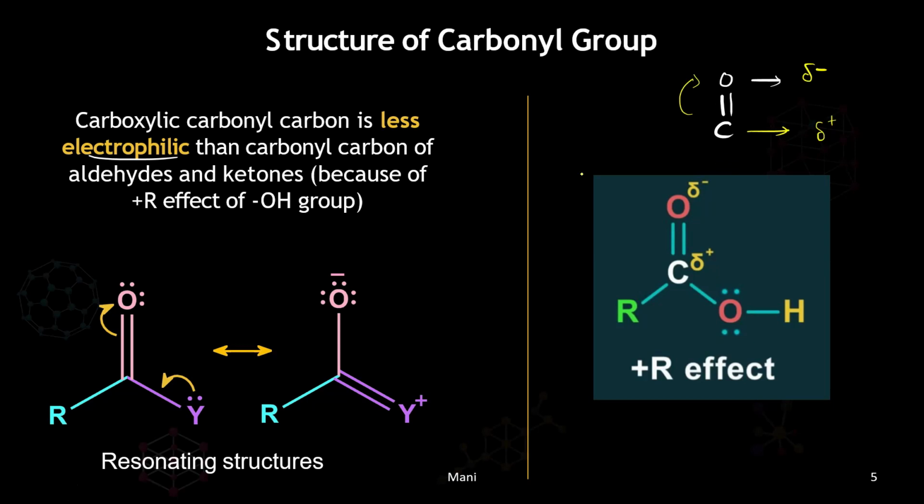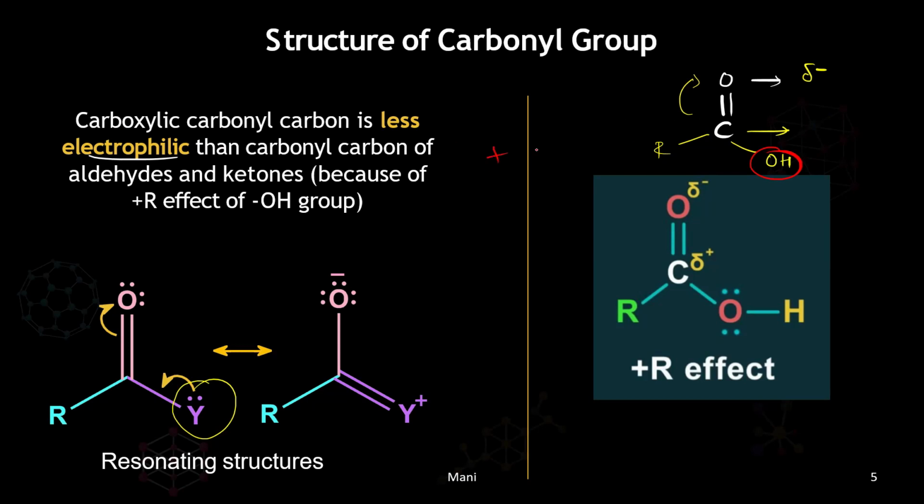But in a carboxylic acid, there is another group present on this carbon, apart from the R group. That is the hydroxyl group, OH. Because of this OH group, the partial positive charge decreases, so the electrophilic nature of this carbon decreases. What is the meaning of electrophilic?